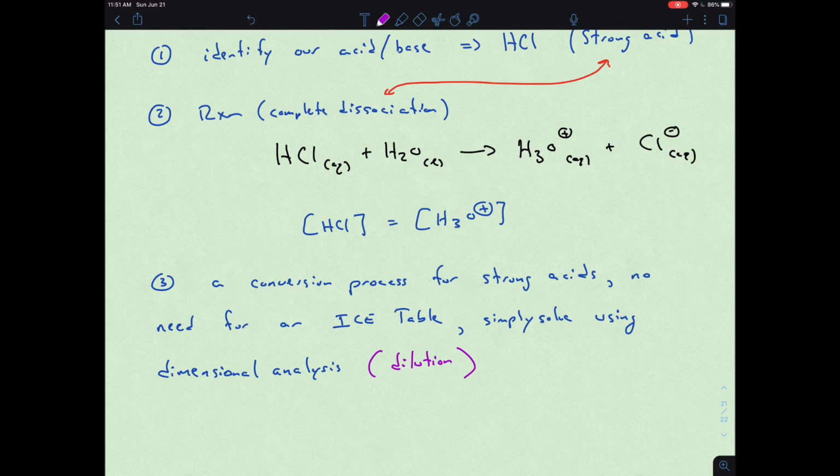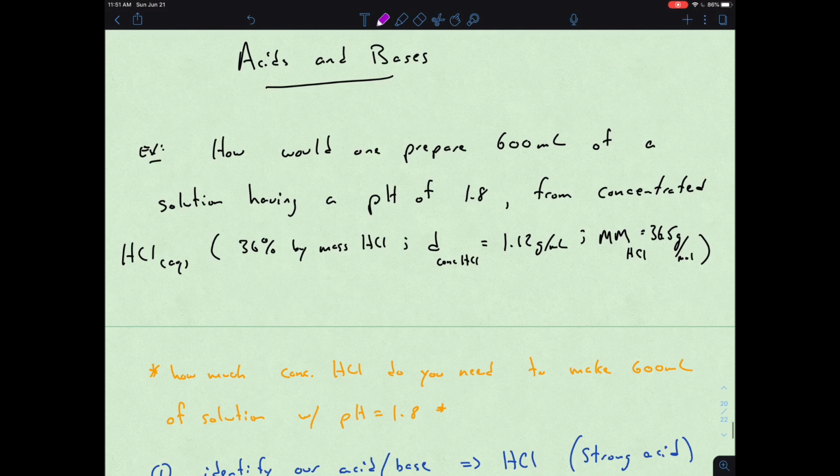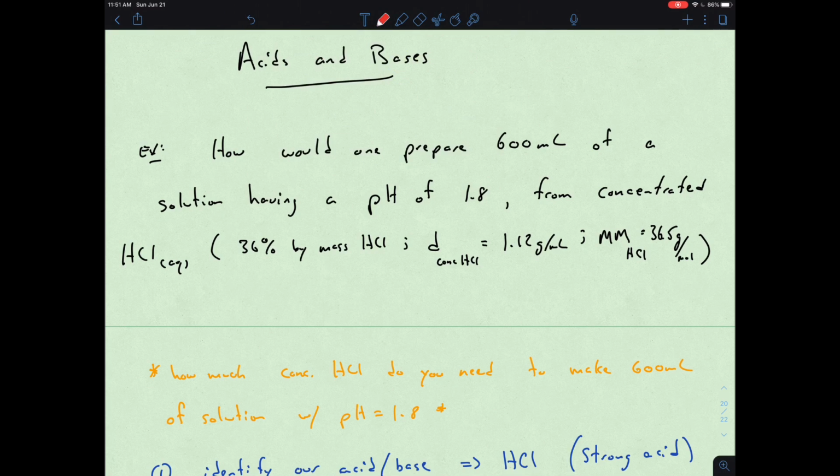So if we go back to the question, we find that we have some data here. The most important data that I see is the pH of 1.8, at least to start off with. pH is really important because that automatically gives you the H3O plus concentration.